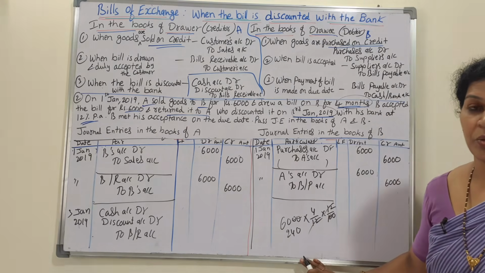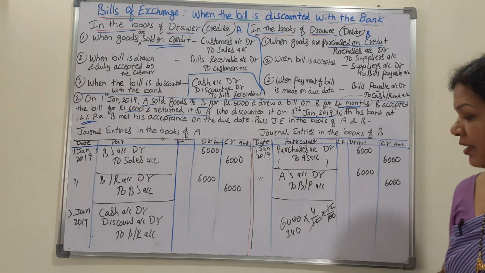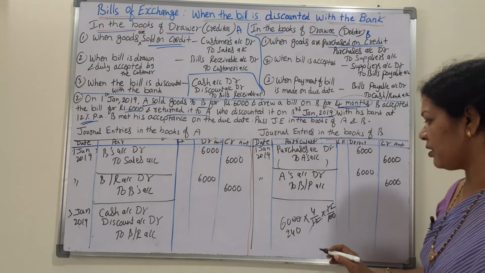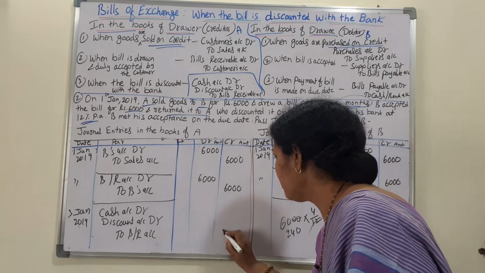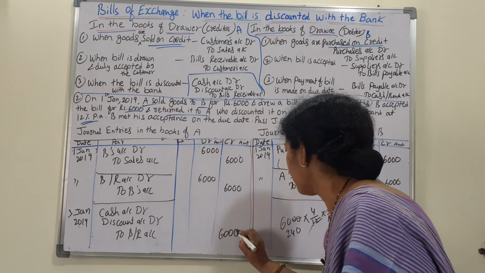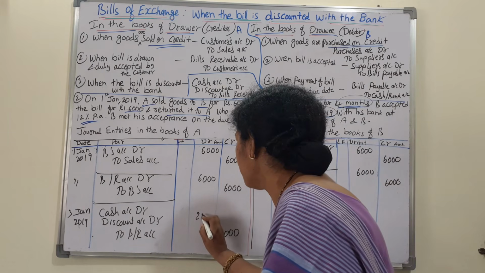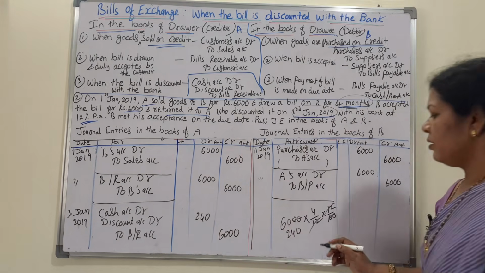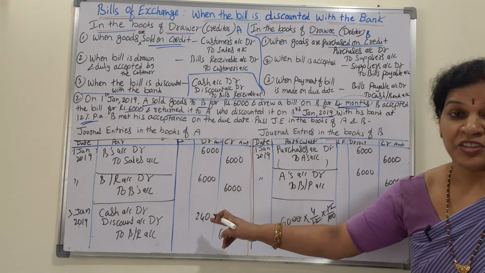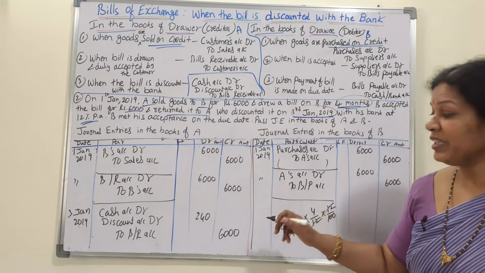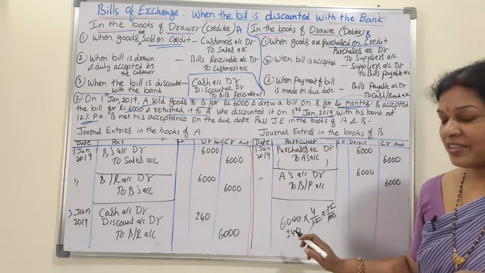240 is the discount. So we'll write cash account debit, discount account debit to bills receivable, amount 6,000. Discount is 240. Rest of the amount will be the cash. He is receiving the rest of the amount. Discount he is allowing is 240 and he is getting the rest of the amount.